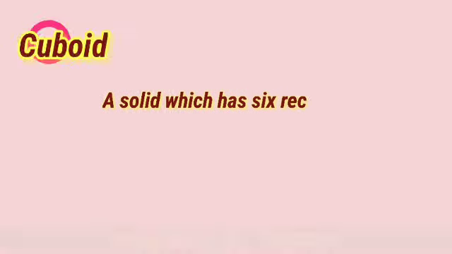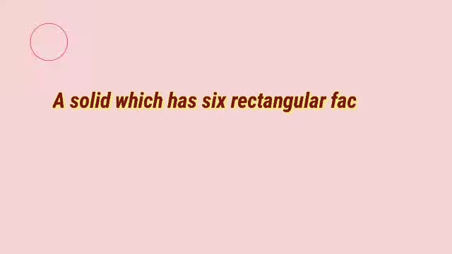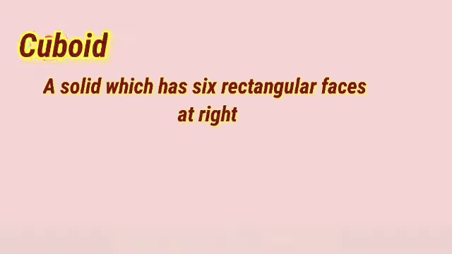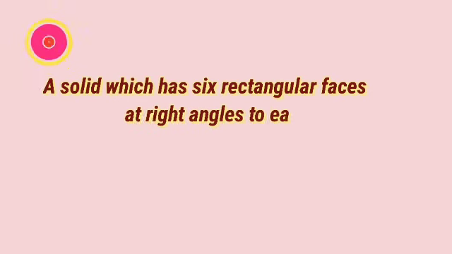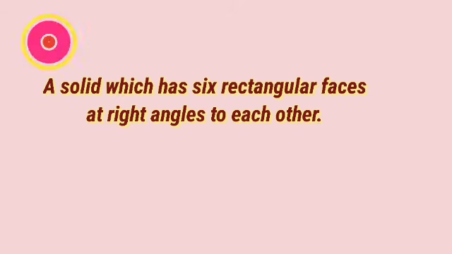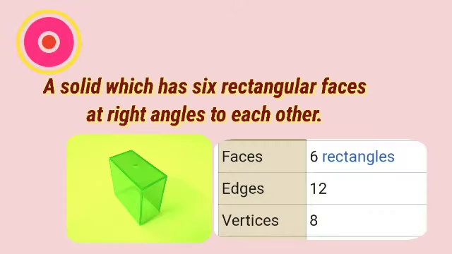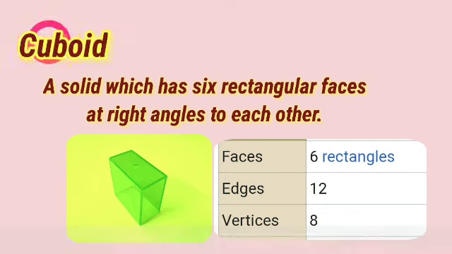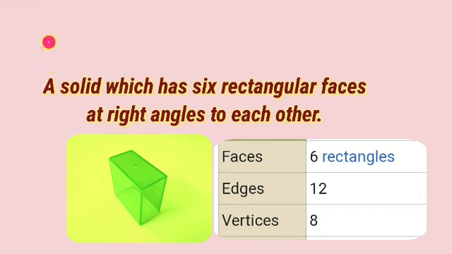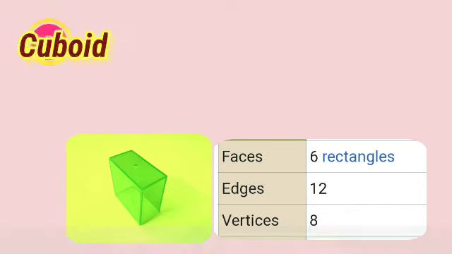A cuboid is a solid which has 6 rectangular faces at right angles to each other. You can notice a cuboid has 6 rectangular faces, 12 edges, and 8 vertices.